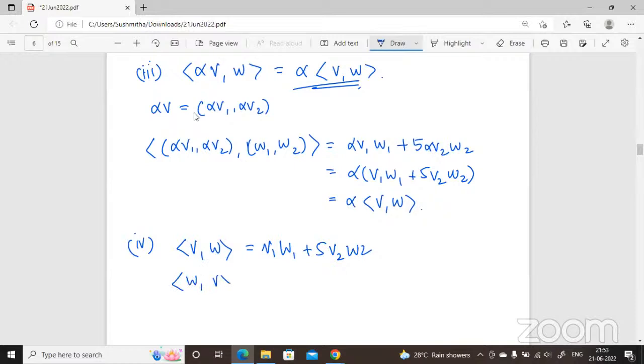What is W comma V? W1 V1 plus 5 W2 V2. They're the same, right? Is it clear? All four conditions are satisfied. Yes, thank you, ma'am.